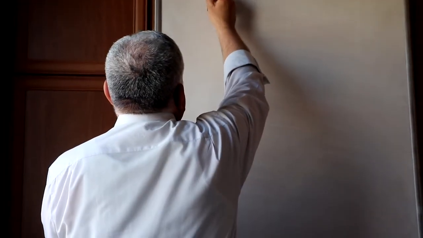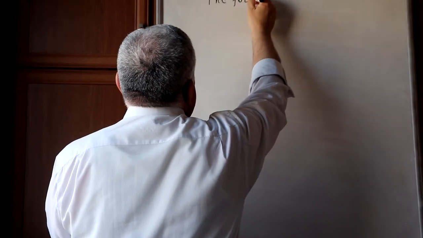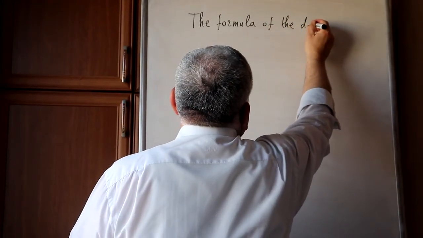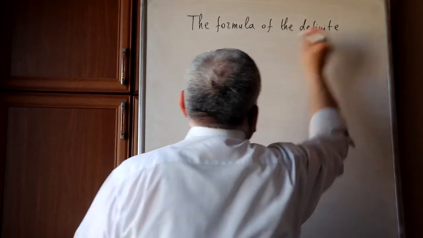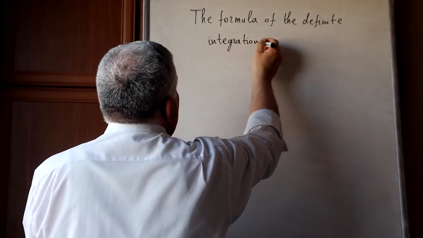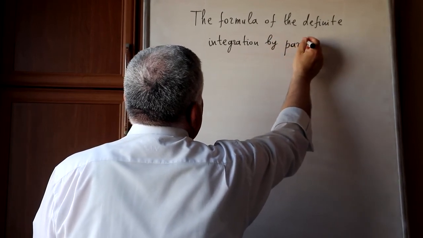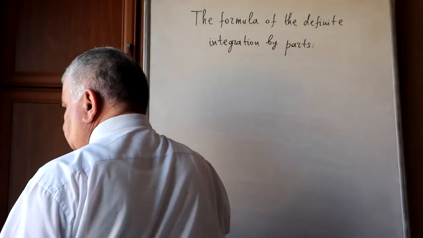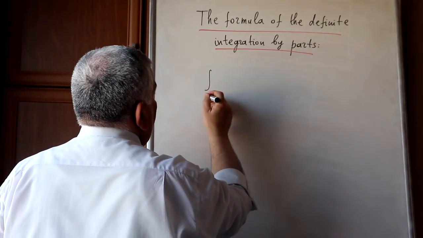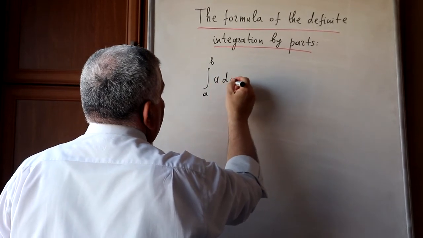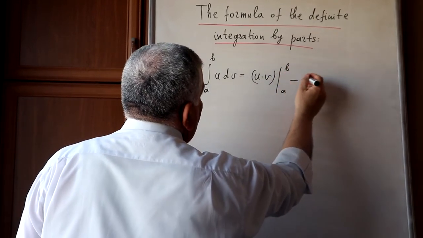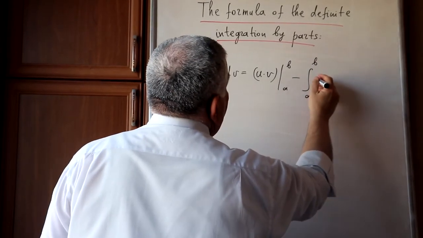The formula of the definite integration by parts: integral from a to b u dv is equal to u multiplied by v with double substitution from a to b minus integral from a to b v du.